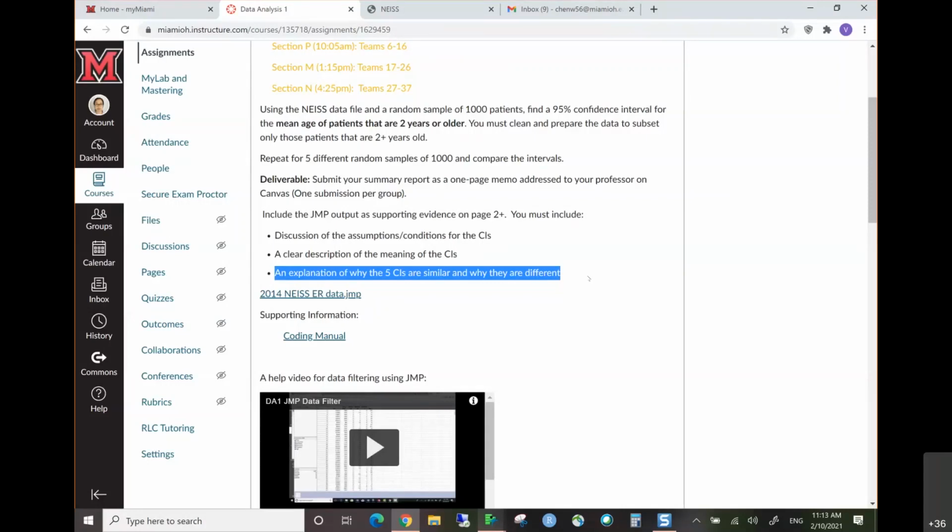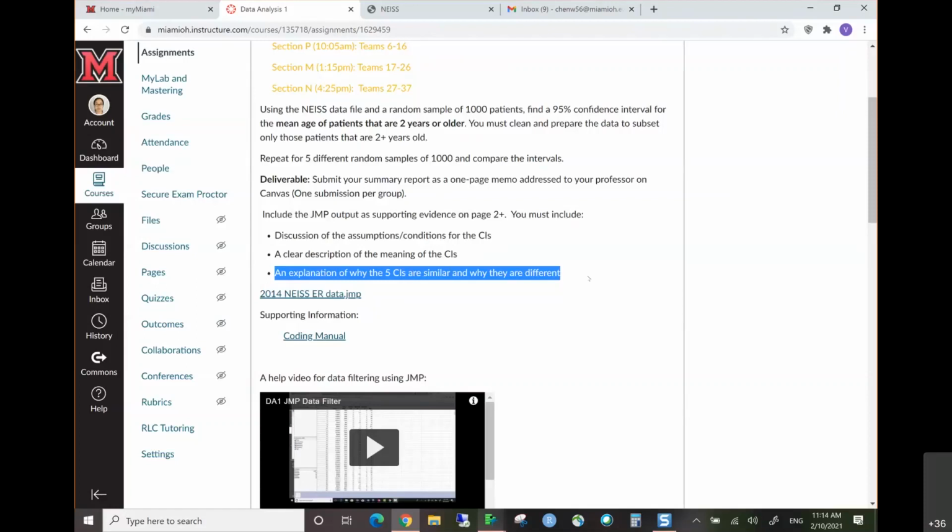If you make 5 different random samples, maybe you could talk about the spread of the data, the distribution, if it's normally distributed or if it's skewed in any direction? Would that be the explanation you're looking for? That's a good idea.